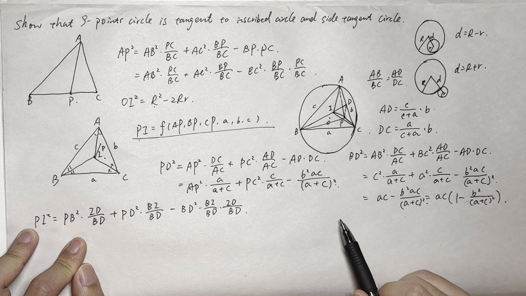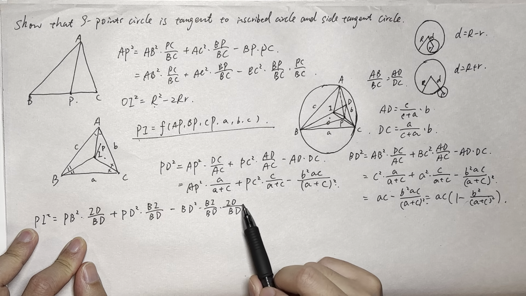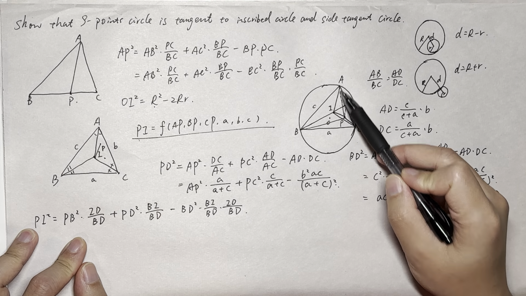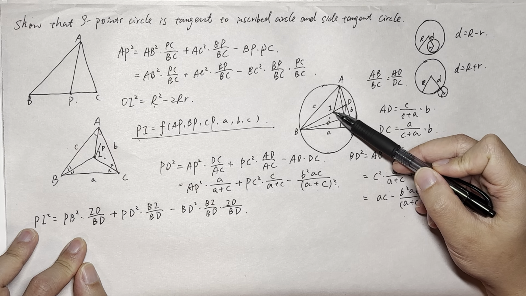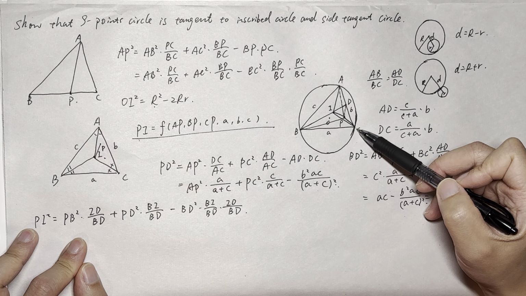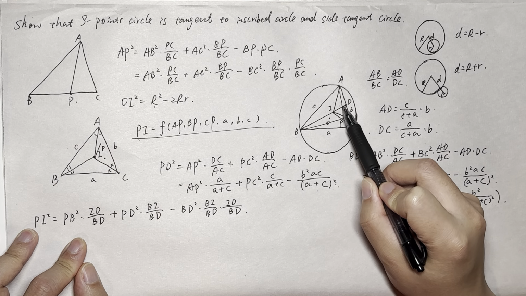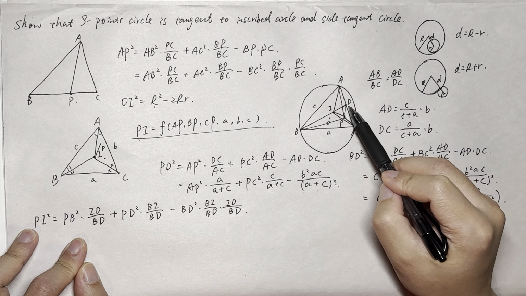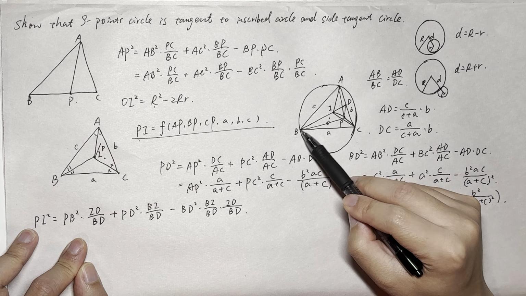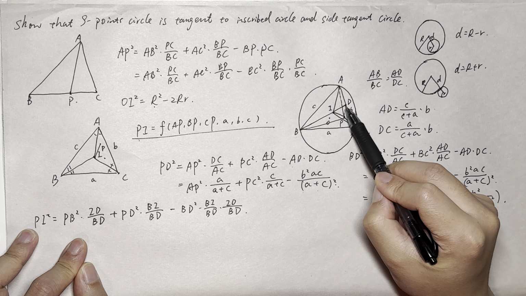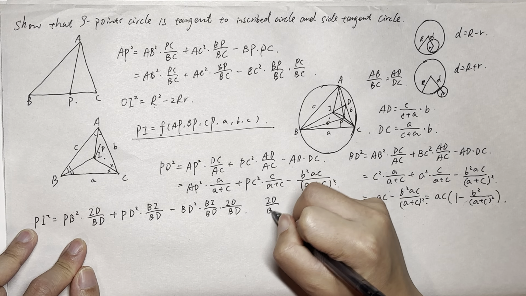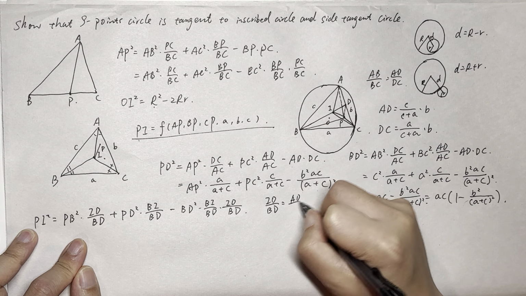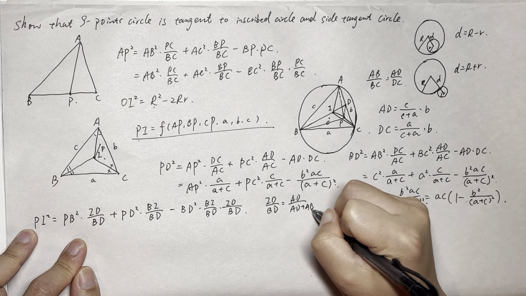We also want to find BI to BD and ID to BD. Remember that I is the inscribed center, which means that AI is the angle bisector of angle BAC, right? So ID to BI equals AD to AB, right? So ID to BD equals AD to AD plus AB.